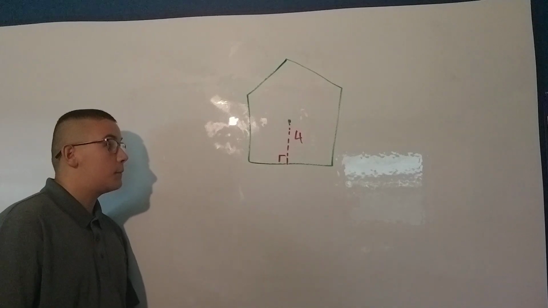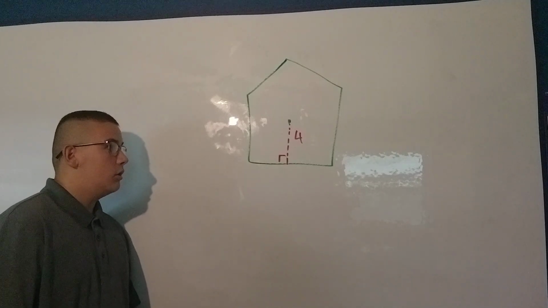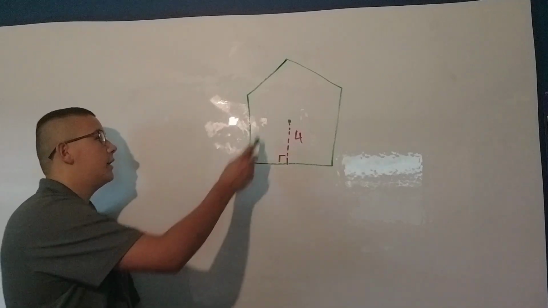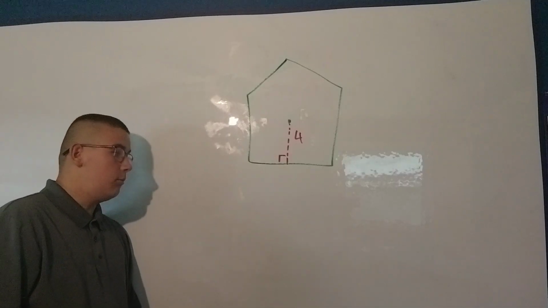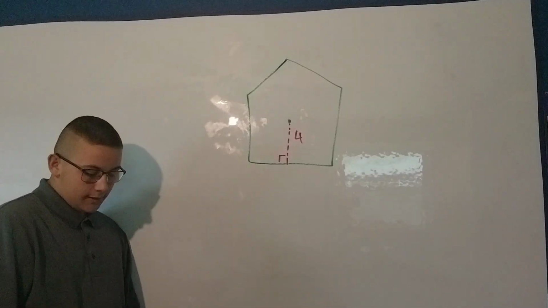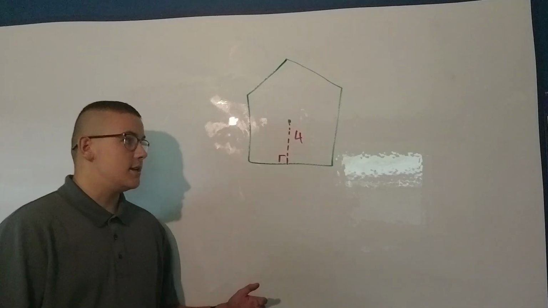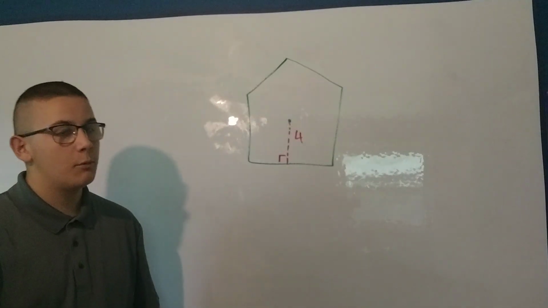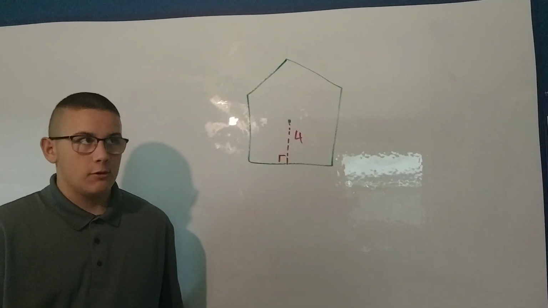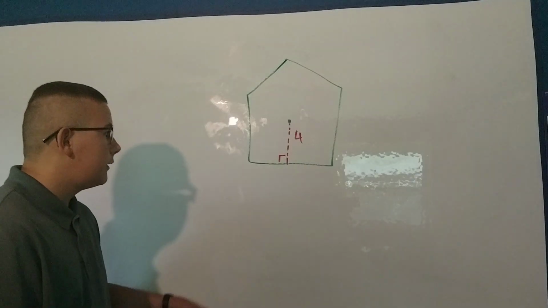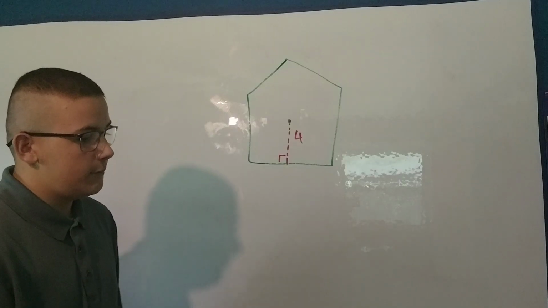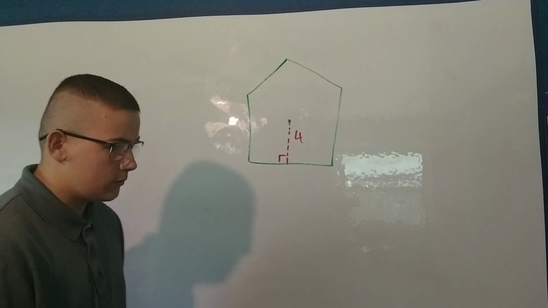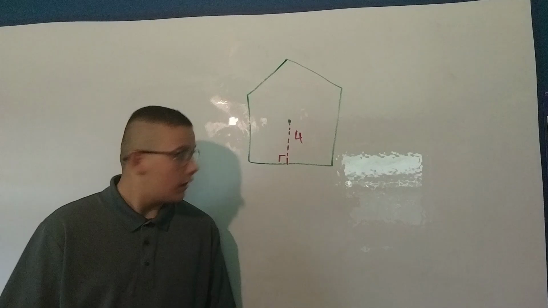Okay, well, first, what we can do is try to solve for the interior angles of this shape, right? So what we would get is 180 times 5 minus 2, remember from chapter whatever, which gives us 180 times 3. 180 times 3 is 540.